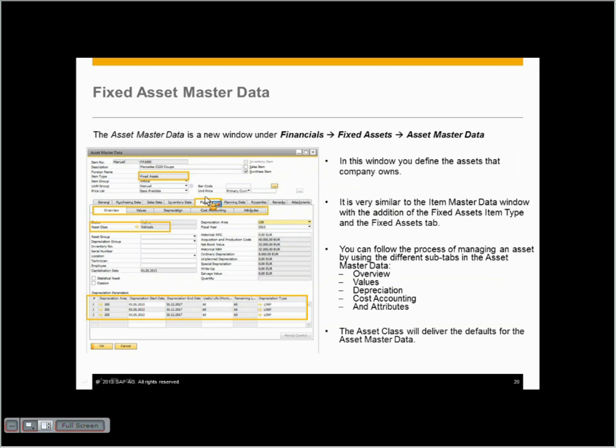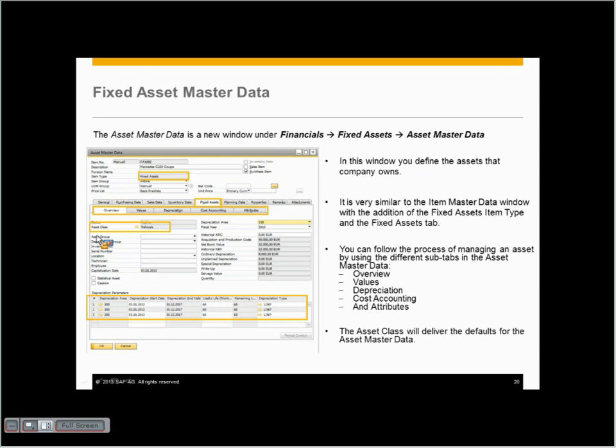And if we have the fixed asset as item type, you will also see an additional tab where you will have all the options for fixed asset, like overview, the value, the depreciation development. Then you have your cost accounting setup and also your attributes, what I just showed you before.